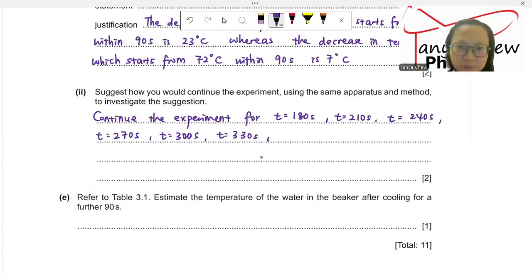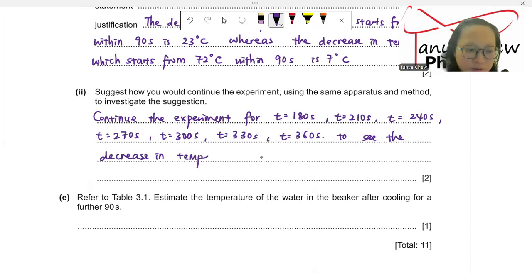Prolong the experiment, t equal to 360 seconds, to see the decrease in temperature.